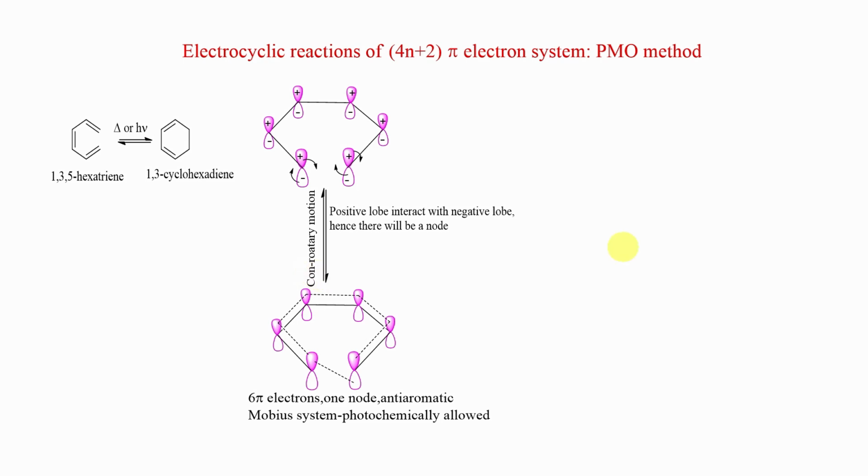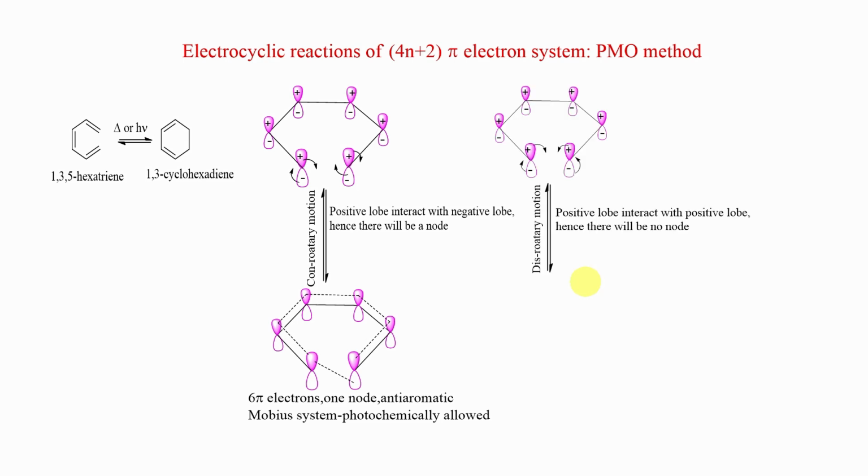Okay. Similarly, whether the interconversion of 1,3,5-hexatriene to 1,3-cyclohexadiene takes place via disrotatory motion, in thermal fashion or photochemical mode, has to be examined by using the PMO method. Then see, it is the molecular orbital of 1,3,5-hexatriene.